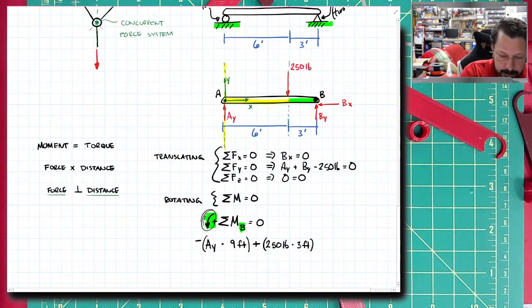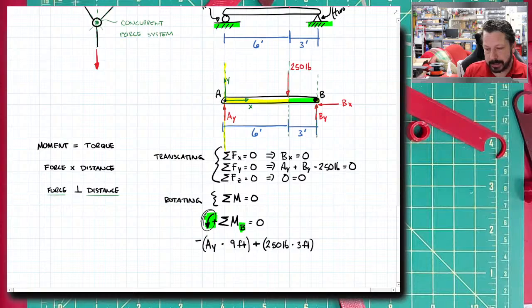BY has a line of action that's vertical, but the line of action actually goes through point B. So if I were to multiply BY times the distance between its line of action and point B, that's 0. That's kind of like trying to open a door, but instead of pushing on the door knob, you're pushing on the hinges. And the door doesn't move because you don't have any distance away from those hinges to actually cause it to rotate about them.